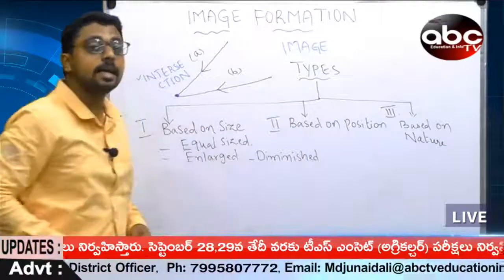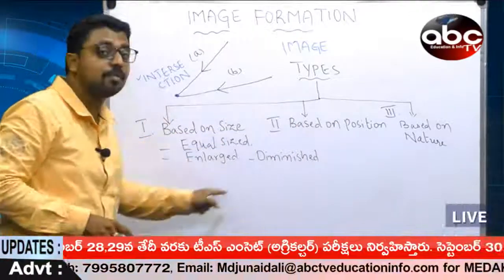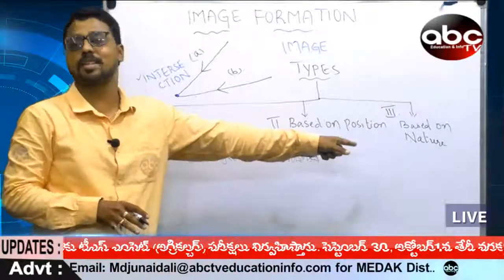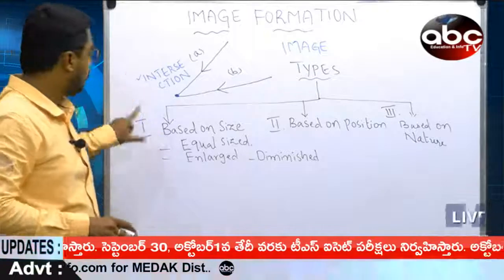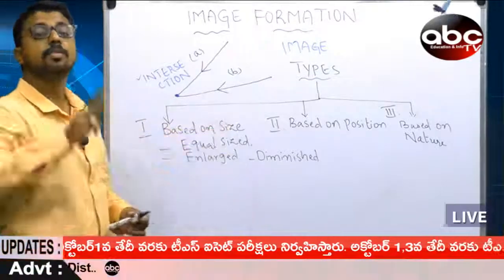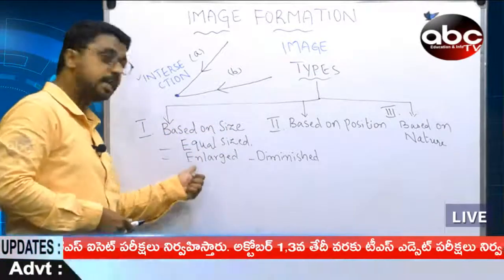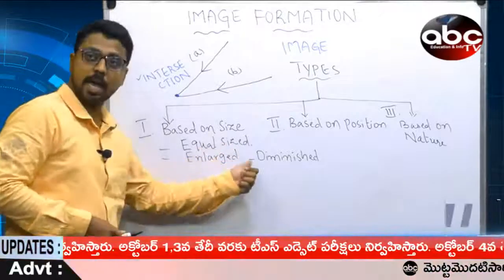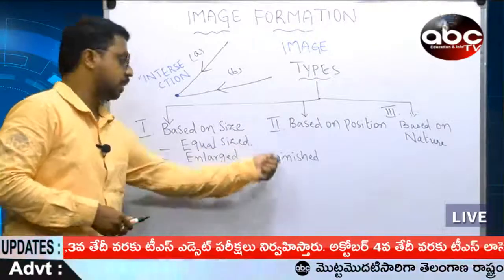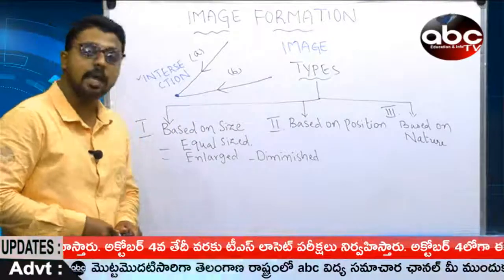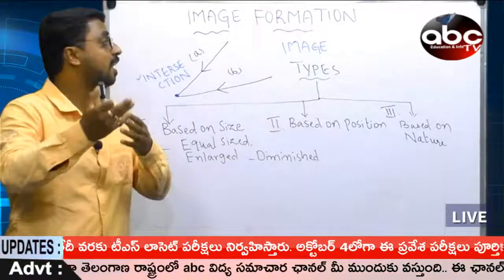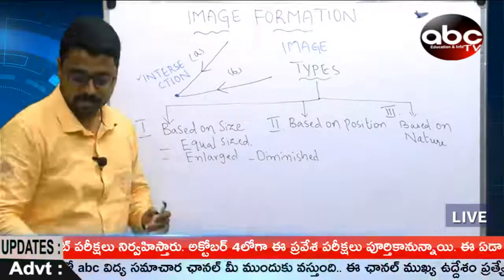So let us first complete our first session, then go on to the second. Right? So first of all, based on size, we have 3 types of images: equal size, enlarged, diminished. How are they differentiated? Let us learn now, my dear friends.